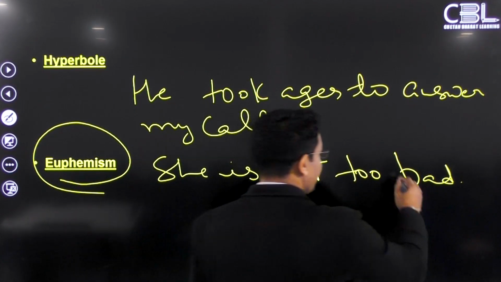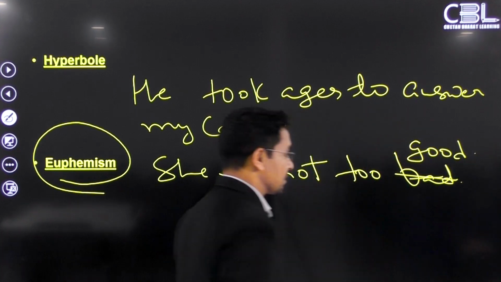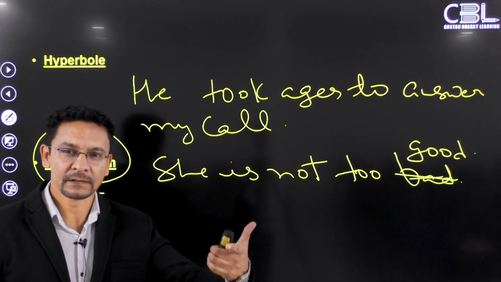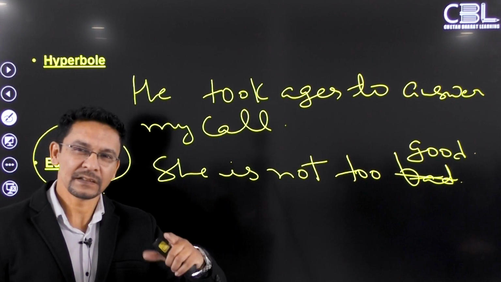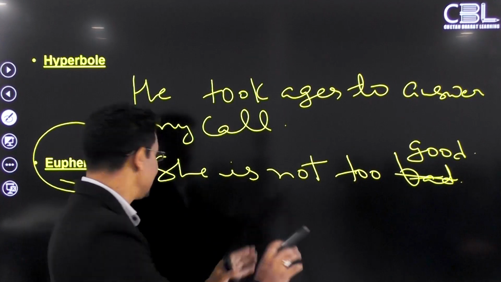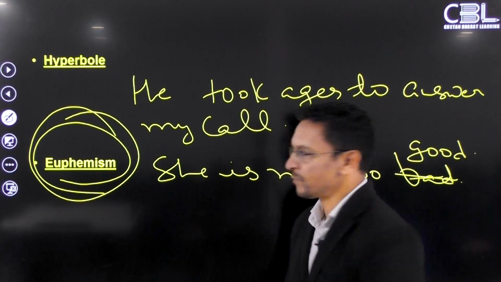Or, in fact, if I replace it with this, she's not too good. Yeah, that is better. Not bad. Replace it with good. She's not too good. That means I wanted to say she's bad, but I did not say. How did I say this? With a euphemistic expression. So she's not too good.